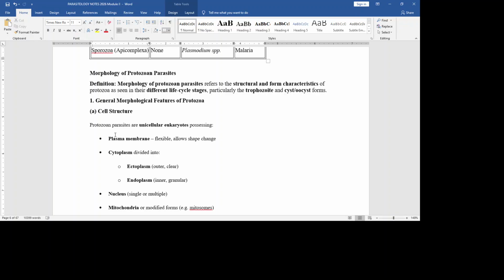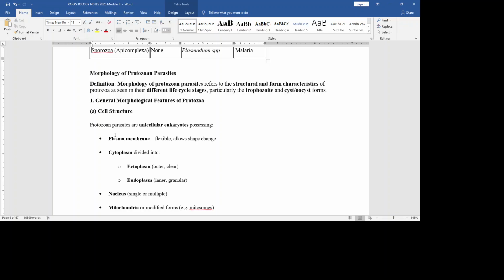So for the general cell structure, a protozoan parasite will always be unicellular, or a single cell, and they have a true nucleus, hence the name eukaryotes. And this cell will have an outer covering known as the plasma membrane.